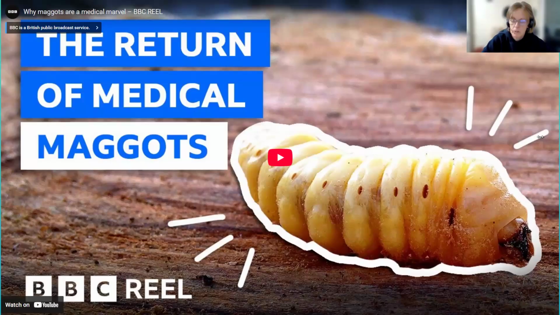Obviously, if you're sick, you don't want to not take antibiotics, but if you can deal with it some other way, it's probably best. It should be used as a last resort.